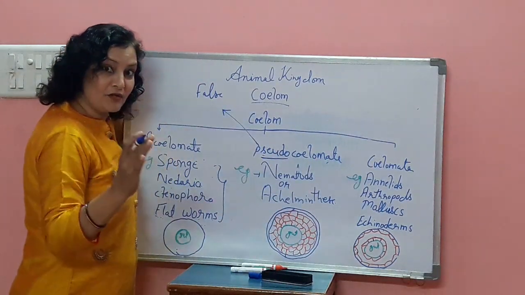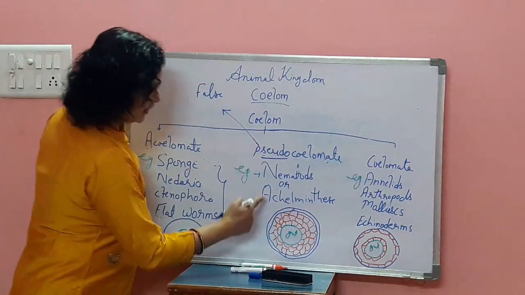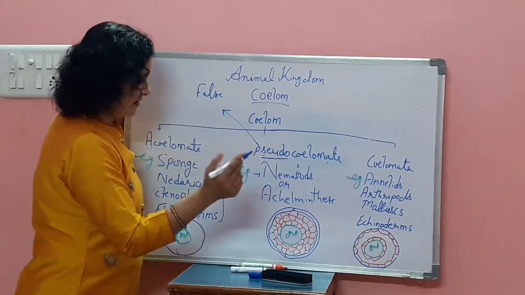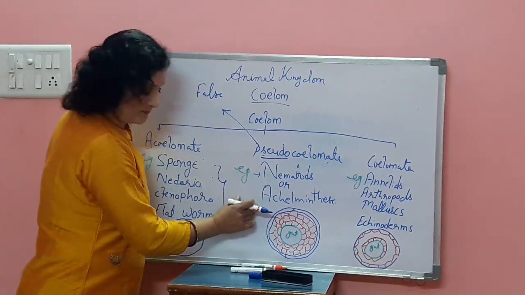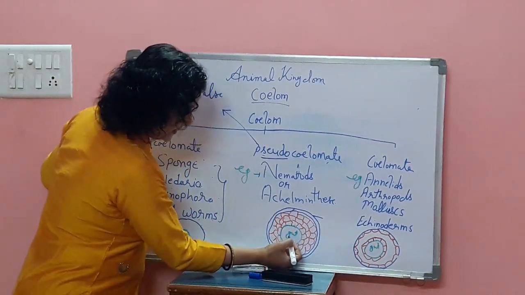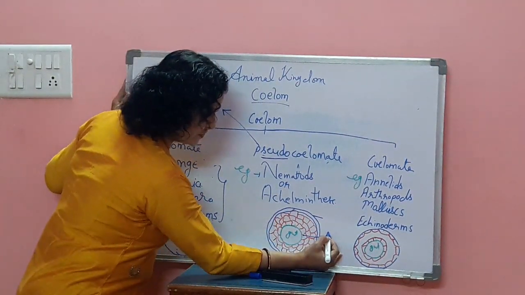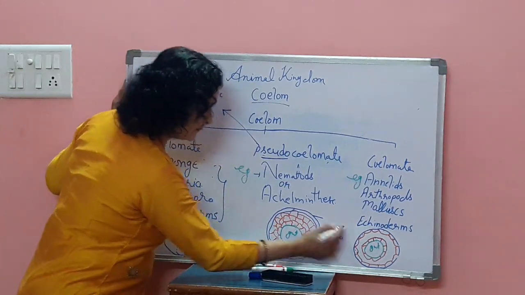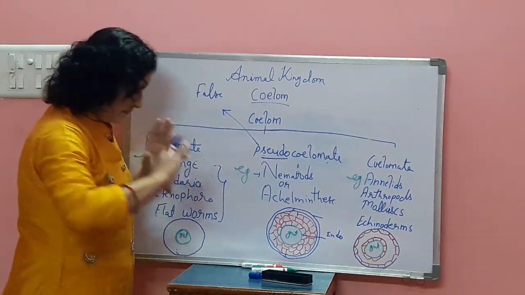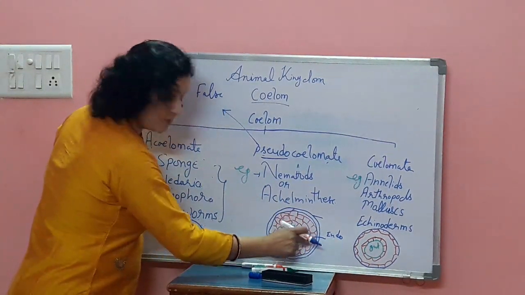Pseudocoelomate animals belong to only one phylum, which is Aschelminthes, or nematodes, like Ascaris. They are triploblastic animals. The body wall is present, formed by ectoderm. The alimentary canal is also present, formed by endoderm, and mesoderm is scattered in the middle part of the body.